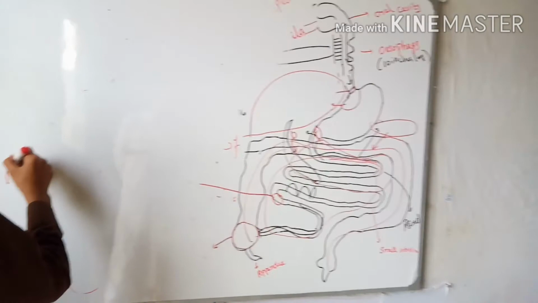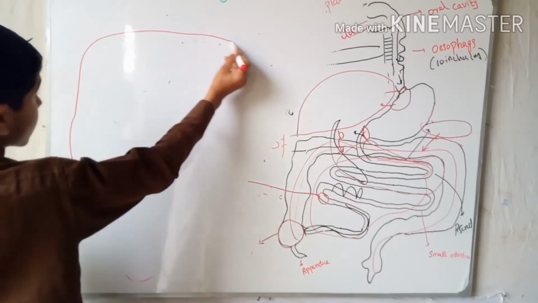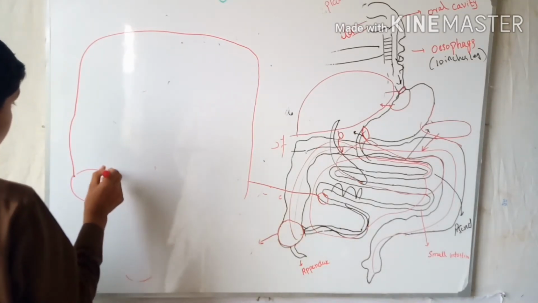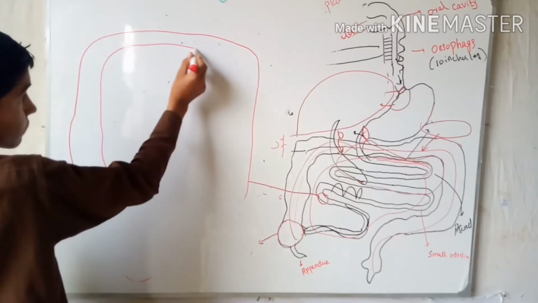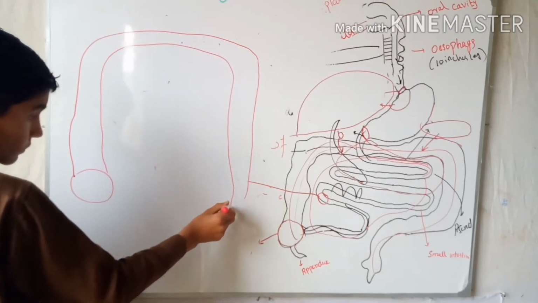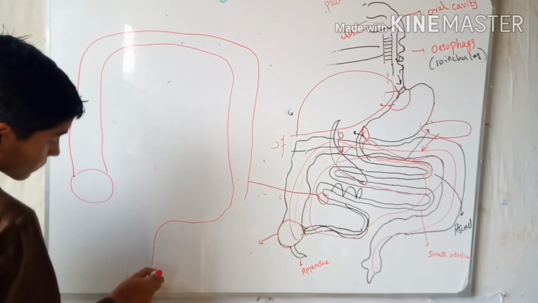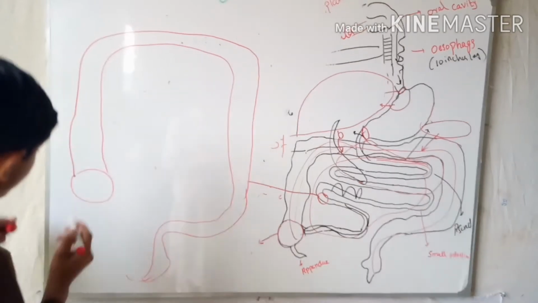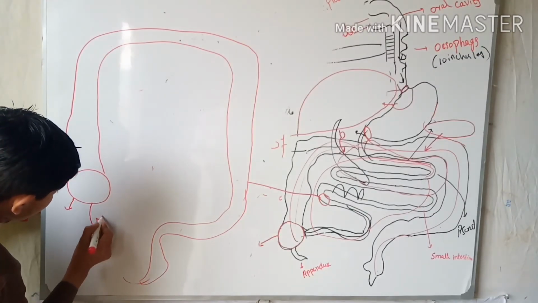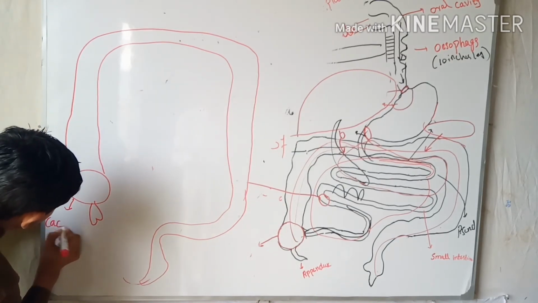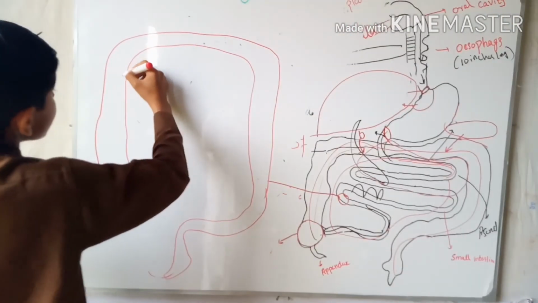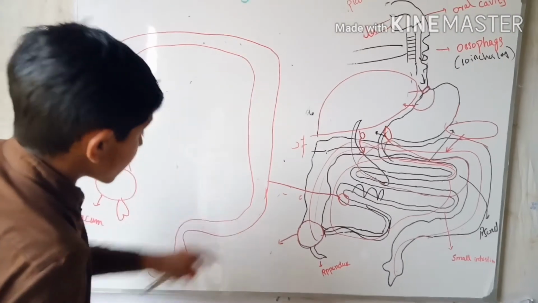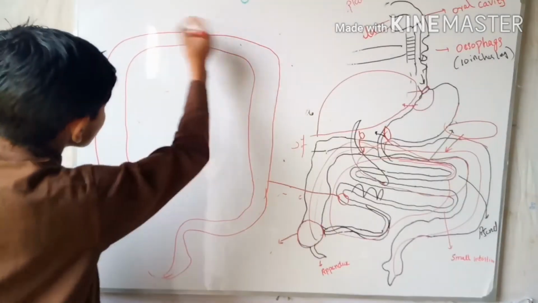This portion is called the cecum. This whole portion from here to here is called the colon.